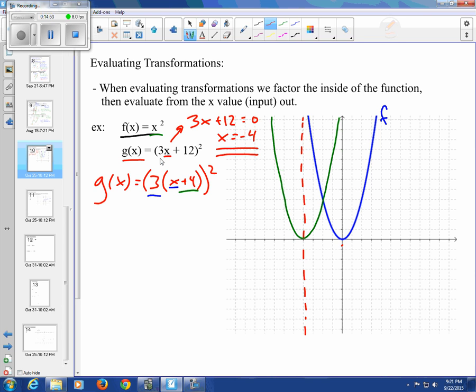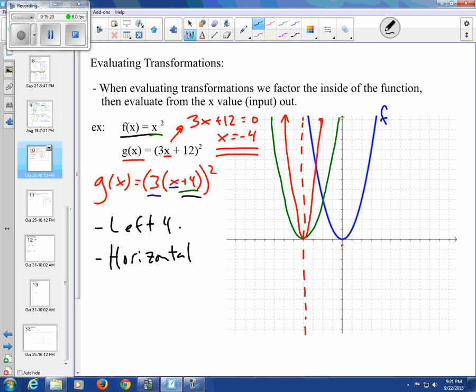It's not going to happen around the origin. So right here, basically, I can see this as the function getting skinnier at x equals -4. Now, evaluating these transformations, what we can say is that the shift is basically left 4, or 4 in the negative direction, and then that horizontal shrink that we're seeing would be a horizontal shrink around x equals -4.